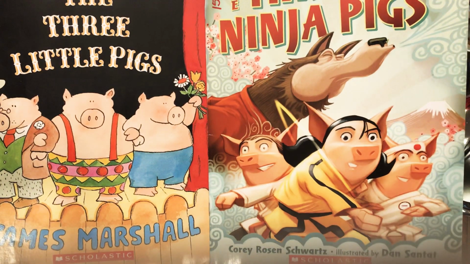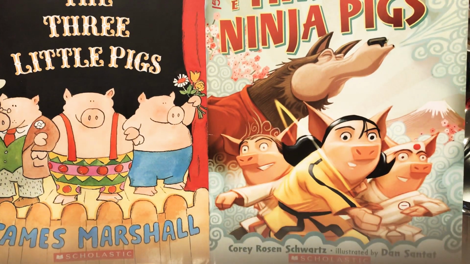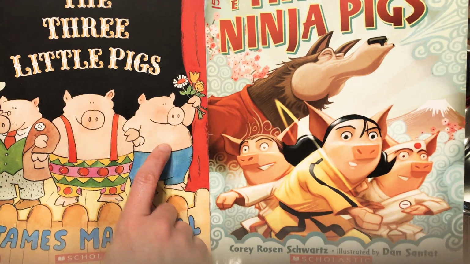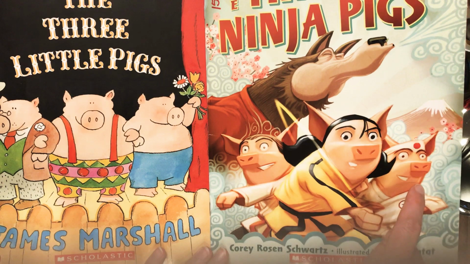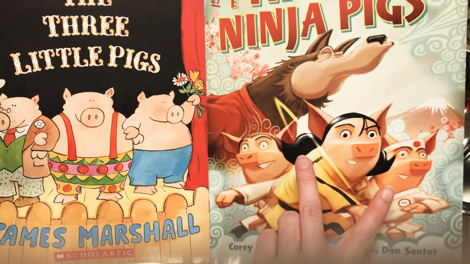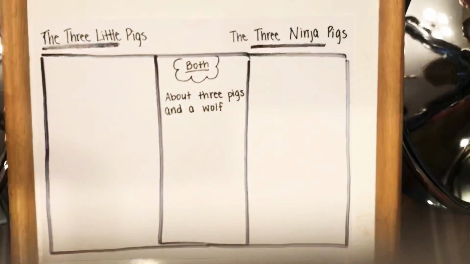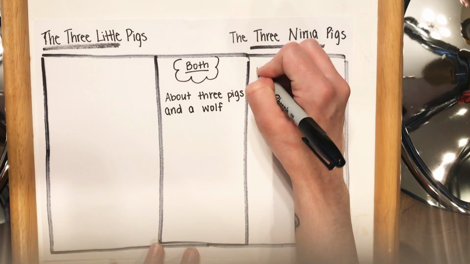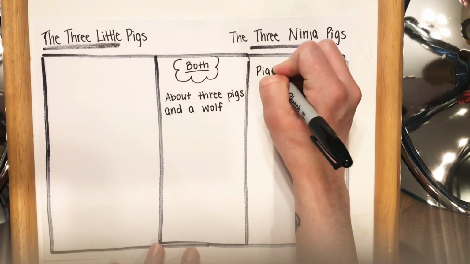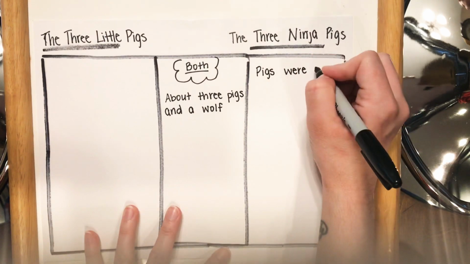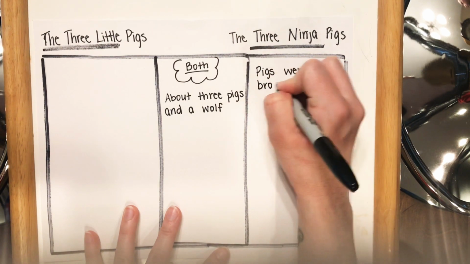One difference that I remember looking at the covers of both of these books, these in The Three Little Pigs were all boys, and these siblings, one was a girl. So there were three brothers in this story and two brothers and a sister in The Three Ninja Pigs. So in The Three Ninja Pigs, I could write pigs were brothers.